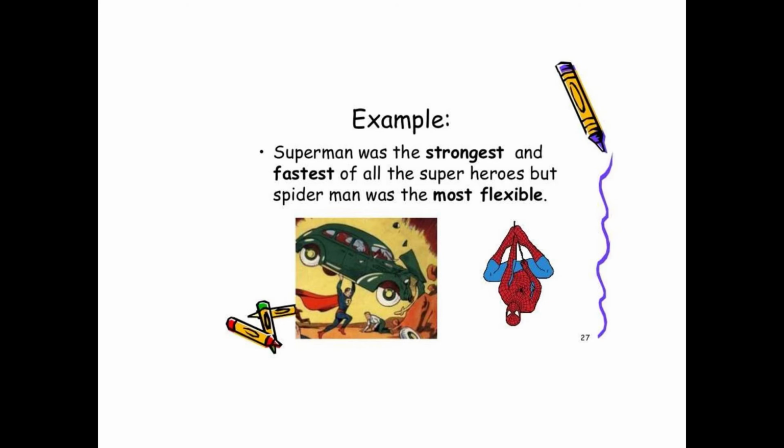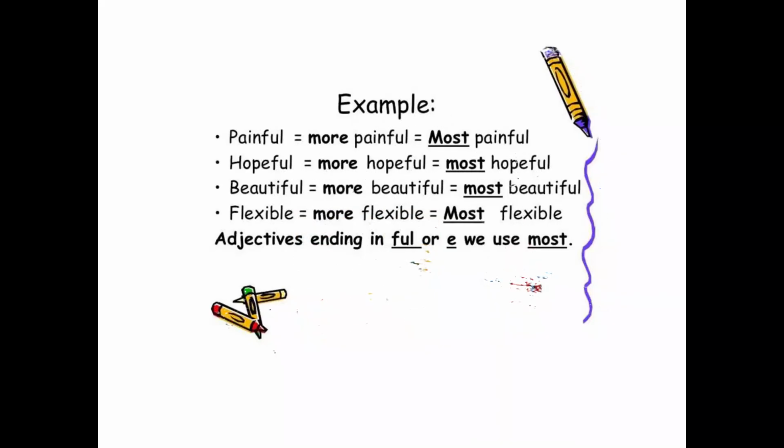So again, there is a rule for the superlative degree as well. We have talked about how we change the normal words into their superlative state, but the words that end with FUL and E again follow the same type of rule, and we add most in order to change them into their superlative state.